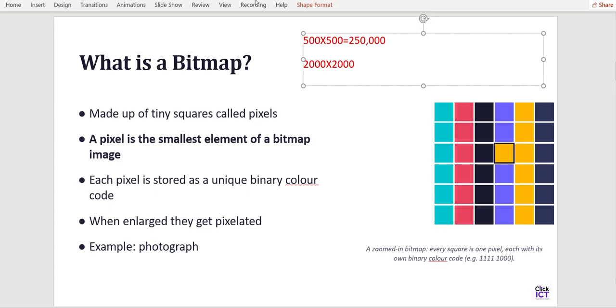So the image becomes pixelated and it will lose quality. An example of a bitmap image is a photograph taken by a camera. Now, if we have more pixels in an image, it will have better quality. Better quality means that it will be sharper, brighter and clearer as well.